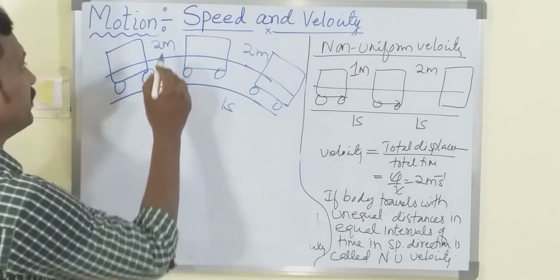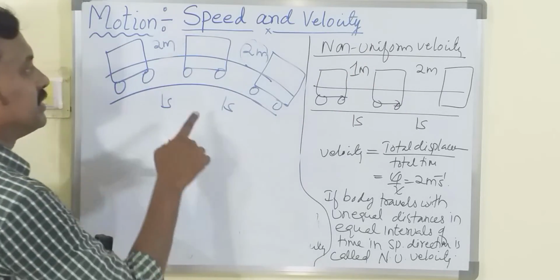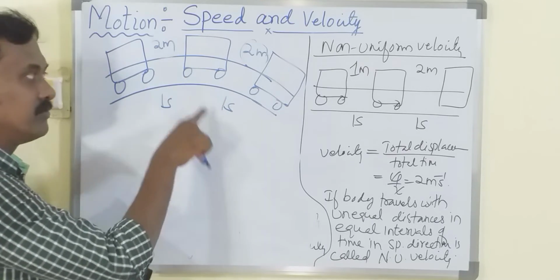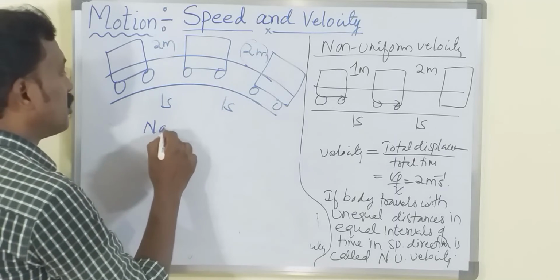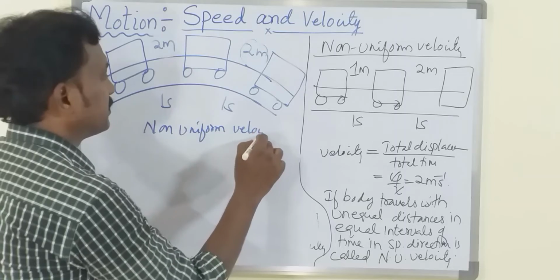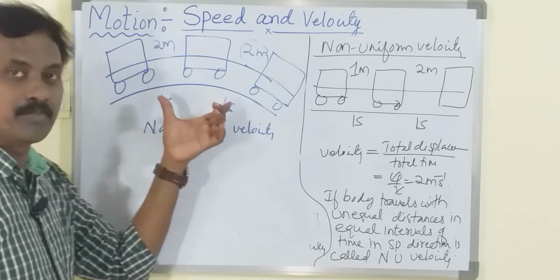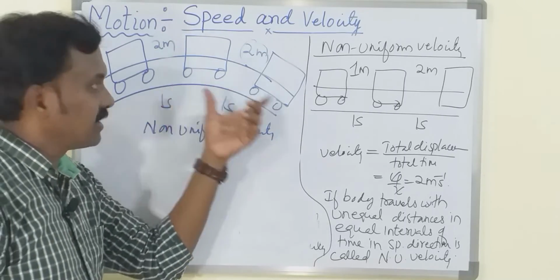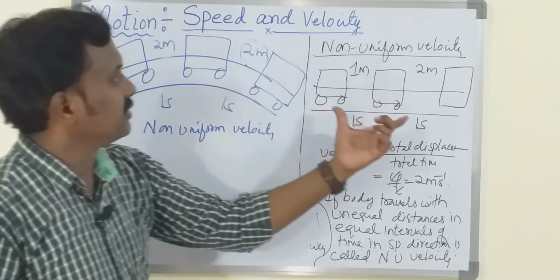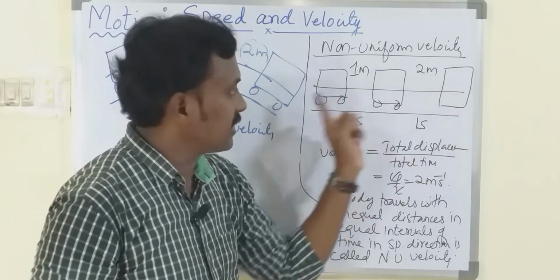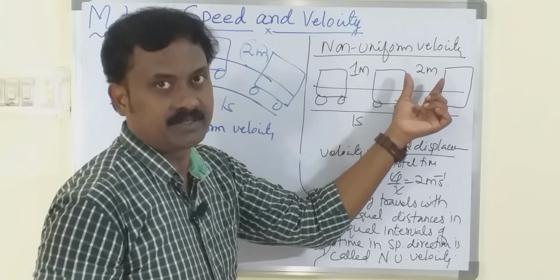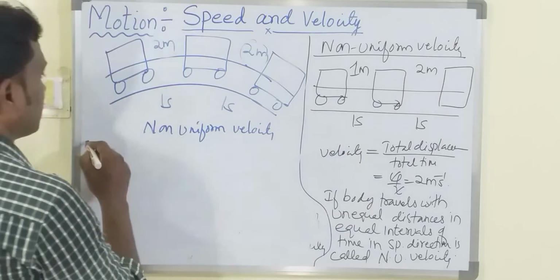Why? Because even though the distances are the same, there is a change of direction of motion. Even though the speed is constant, if the direction changes, it is non-uniform velocity. In the earlier case the direction is constant, but the displacements are different.